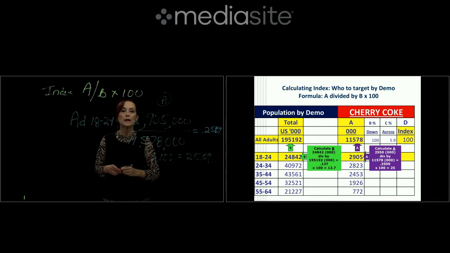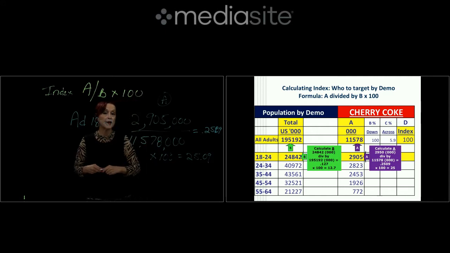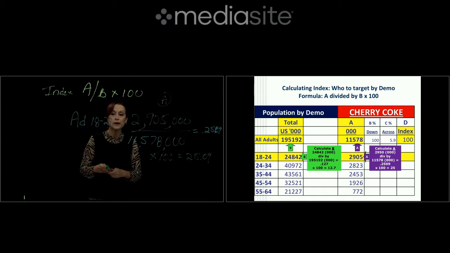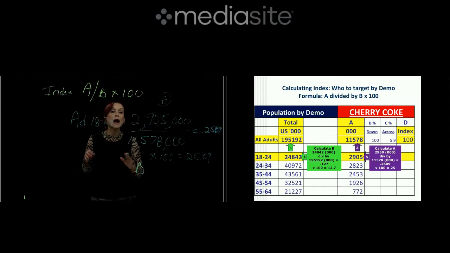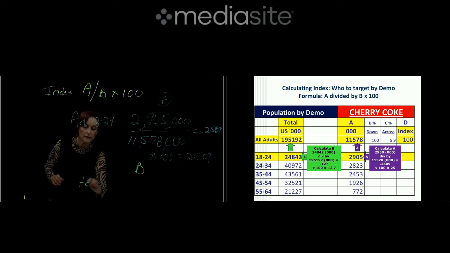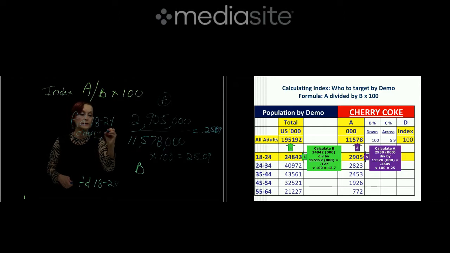Okay? So now let's understand the B. Let's calculate B. Remember that B is the population for the same demographic you are observing for cherry Coke drinkers, which is adults. We're still adults 18 to 24. Let me make a distinction here. These are cherry Coke drinkers, or what you're observing.